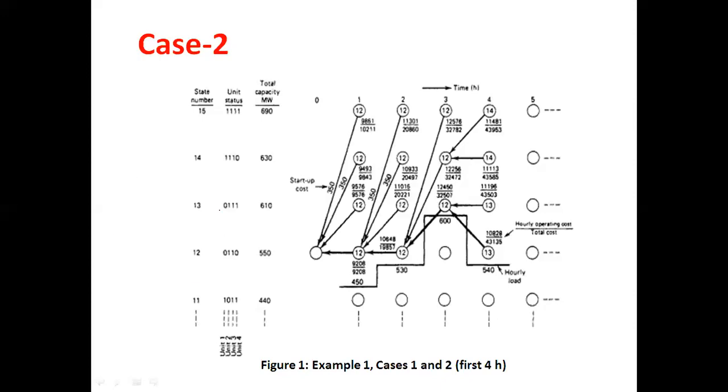But if I see our previous discussion, the feasible states were 5, 12, 14 and 15, and we neglected the 13th state, but it is also meeting the load demand, that is 610.